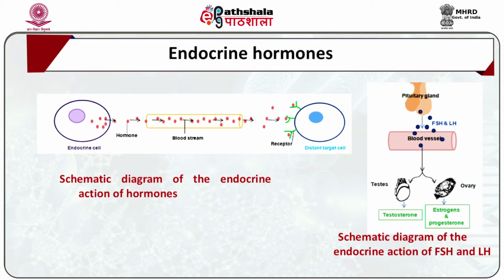They are synthesized by endocrine cells and released into the bloodstream to reach their target cell. For example, the follicle-stimulating hormone and the luteinizing hormone produced from gonadotroph endocrine cells of the anterior pituitary lobe reaches the distantly located target organ, ovary and testes, via the bloodstream as shown in the diagram.